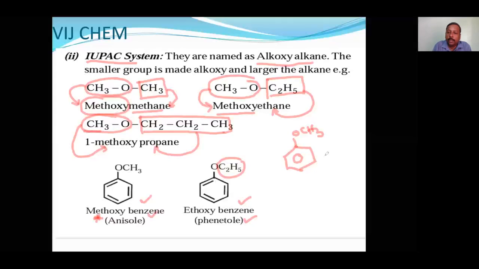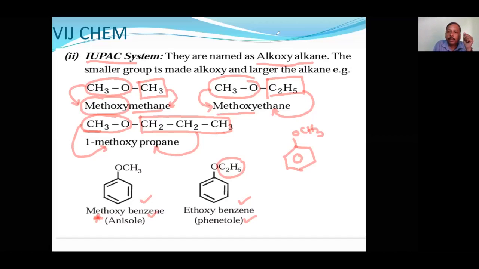So they may not ask in the IUPAC name. They are so famous that they will definitely ask in the common name only, anisole and phenetole. Rest all you need not worry about. You know the IUPAC system, you know the common system. There is no problem in that.